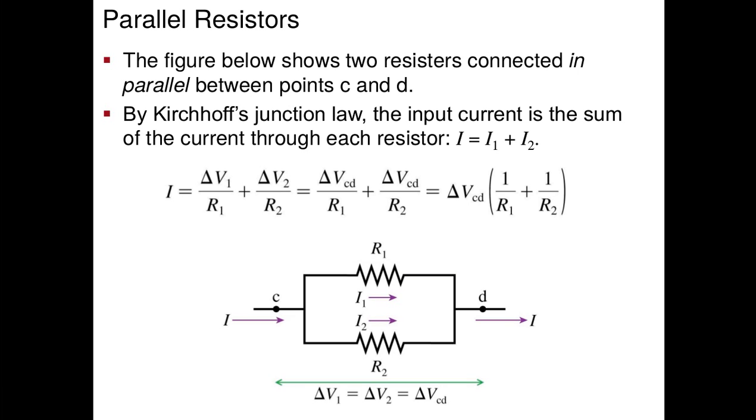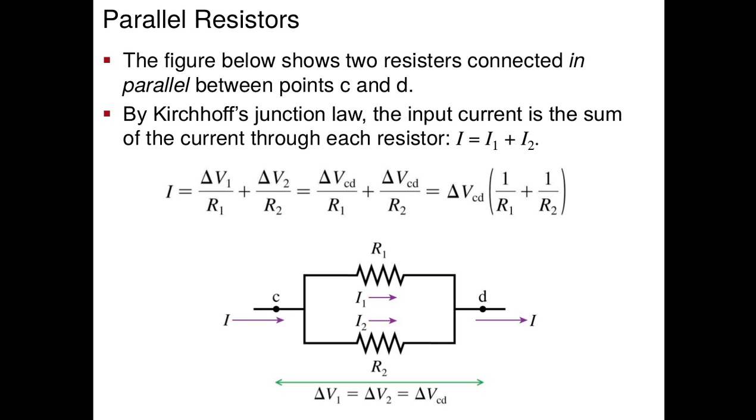Now we're going to deal with resistors in parallel. That was another simulation we did in lab, where we connected two resistors in parallel. We had to take the voltage reading across each individual resistor.